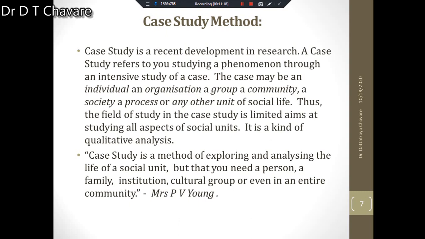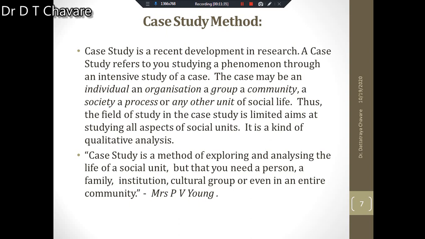All these things are included in case. Thus, the field of study in the case study is limited and aims at studying all aspects of social units.